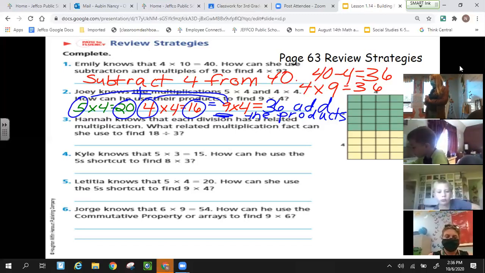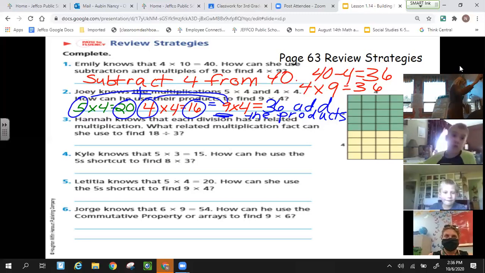Does that kind of make sense to the people who never put their hand up? Do you get it now a little bit? I hear some no's. Let me think of another one. Say I wanted to know what 8 times 4 is.